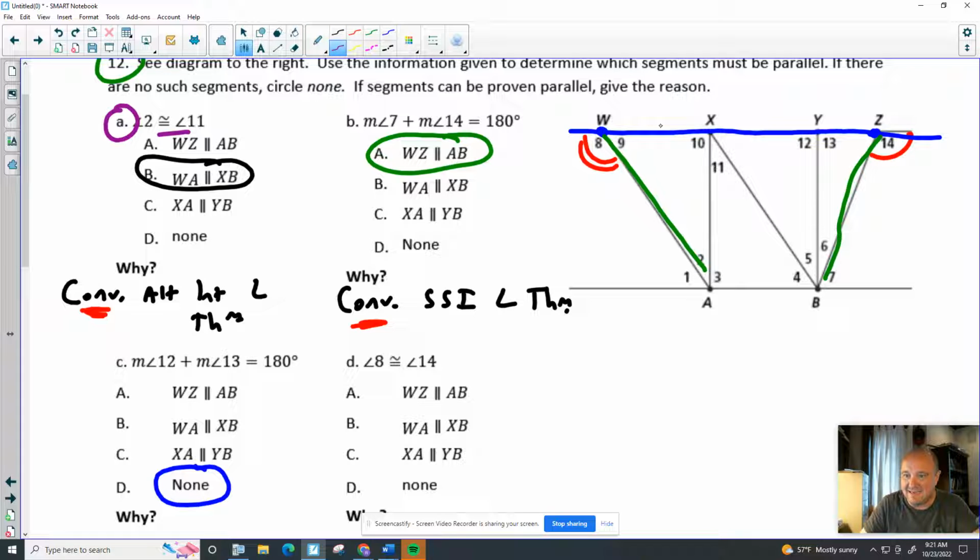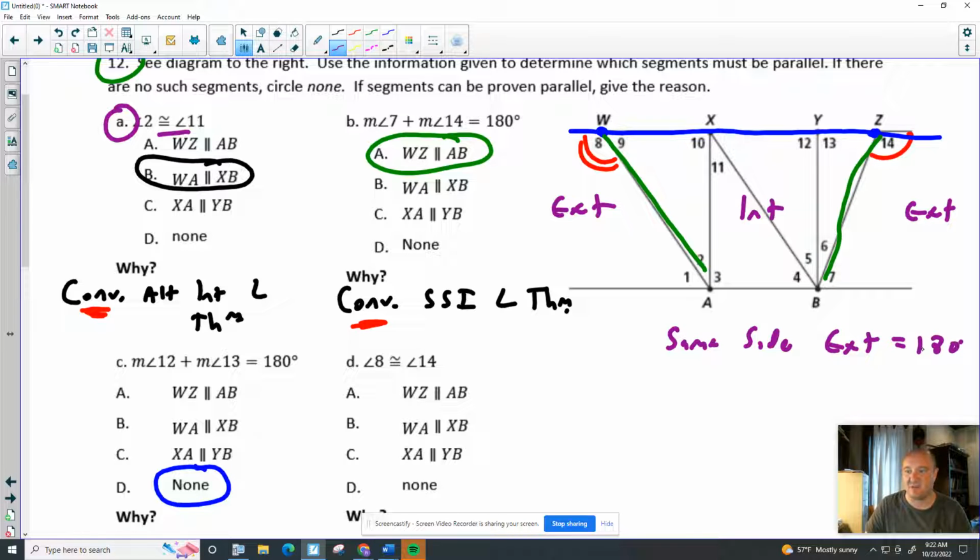I say, all right, 8 and 14, what are those? Well, we didn't study these in detail, but those are same side because they're both below the blue line, and they're exterior, right? For this problem, this would be the interior zone. These would be the exterior zones. Same side exteriors, if you think about it, well, you know that same side interiors have to add up to 180, and same side exteriors are just the linear pairs of those. So same side exteriors have to add up to 180.